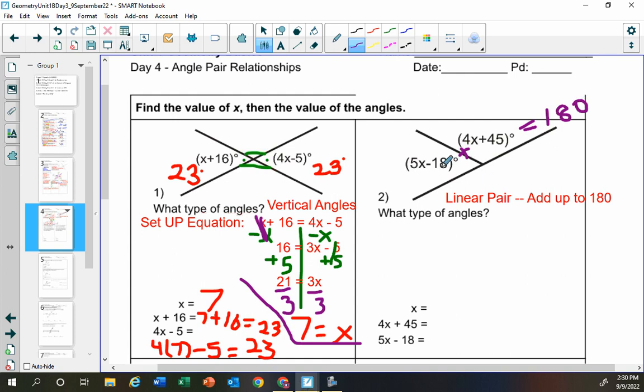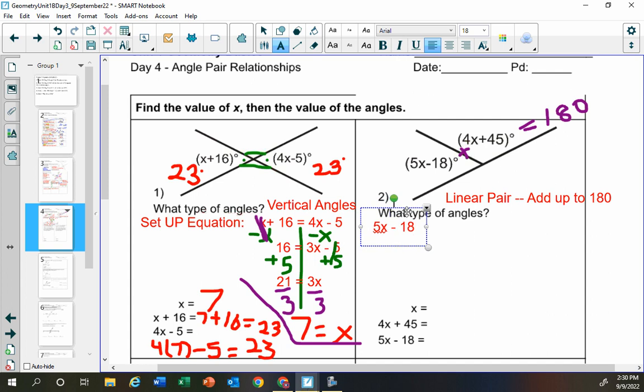So you're going to take your first angle, the 5x minus 18. Since it's an equation, you have to add up to 180. When you combine like terms, 5x and 4x, that gives you 9x. Exactly. Good job.